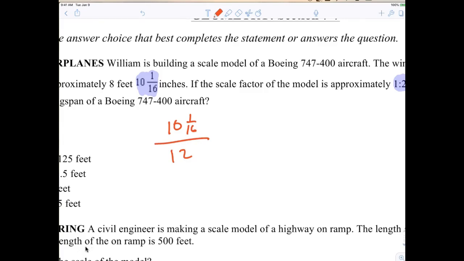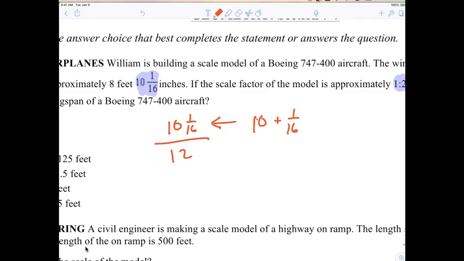Now, of course, there's a way you can do that on the calculator because this is really an SAT type question, and some kids have trouble typing that on the calculator. So for me, the easiest thing to do would be to type in 10 plus 1 divided by 16.